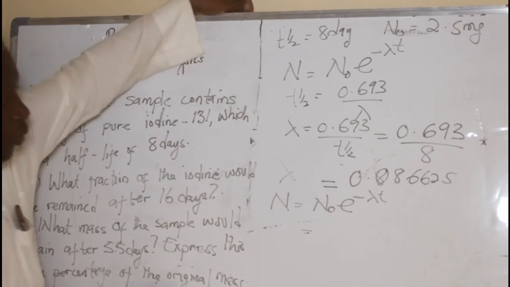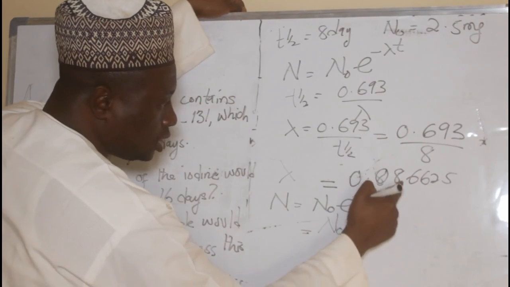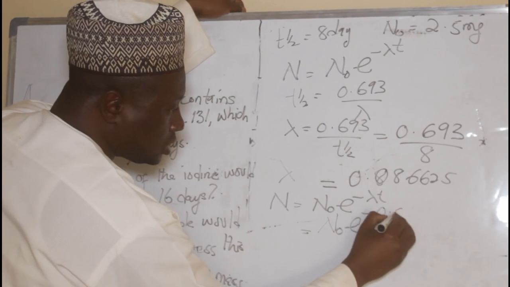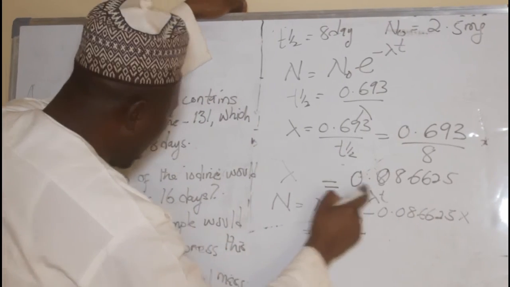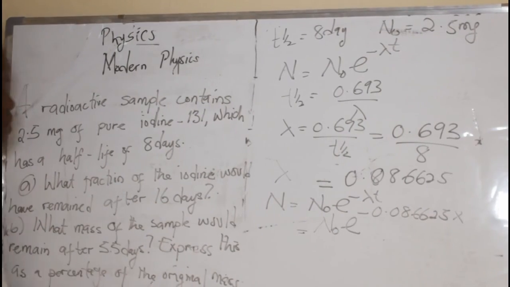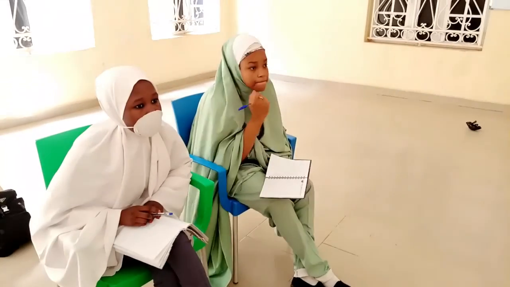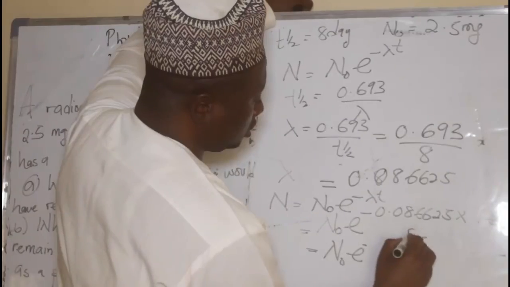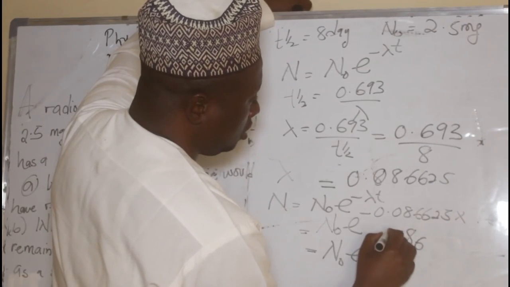So N equals N naught e raised to minus 0.086625 times time. The given time here is 16. So times 16.